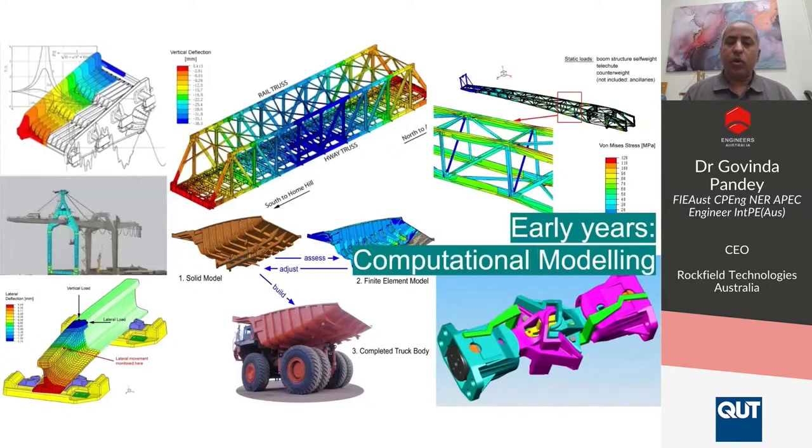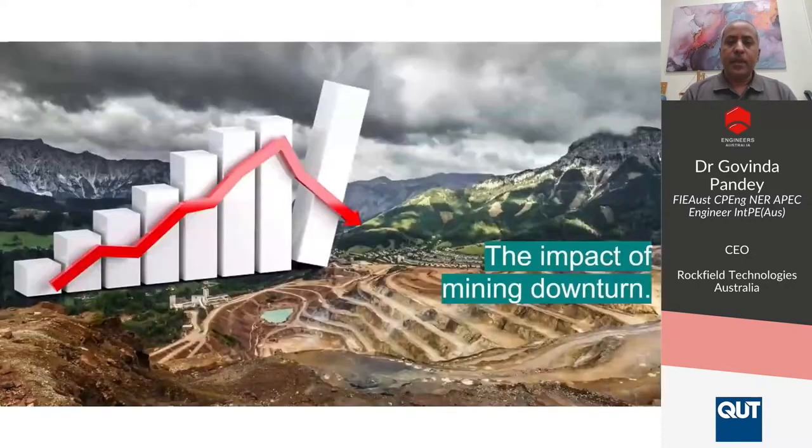When we started, we brought in the technology from the UK, the finite element modeling codes. We were making quite an impact in the area that we were working in. But then in around 2013, the mining downturn hit us really hard because we had a pretty sizable exposure to the mining industry.